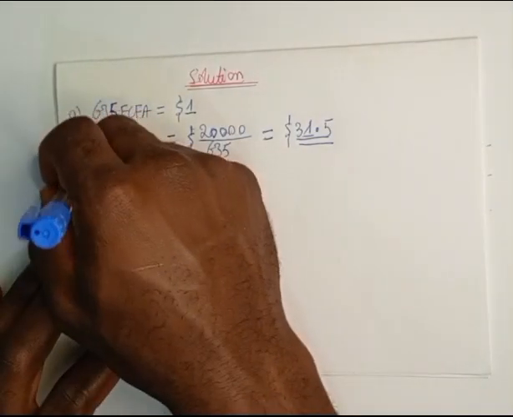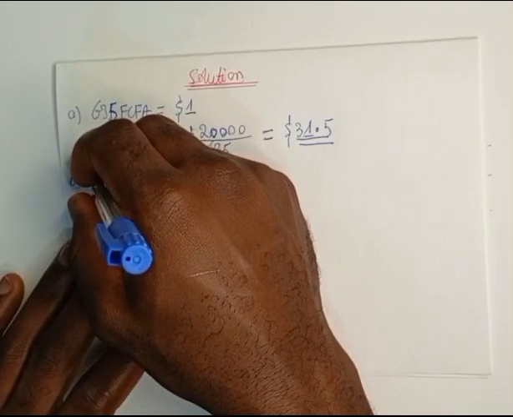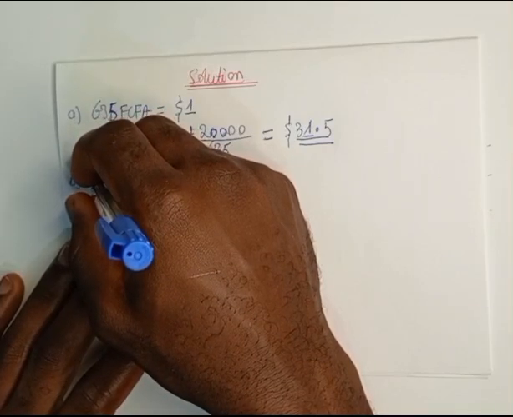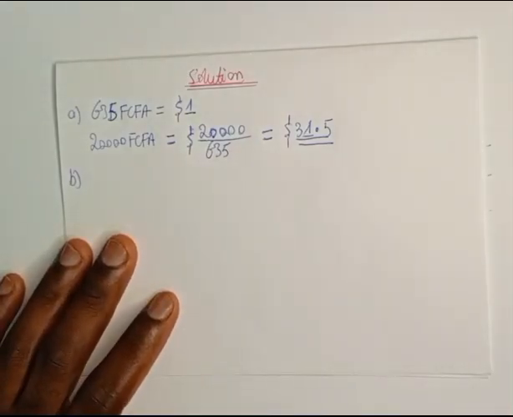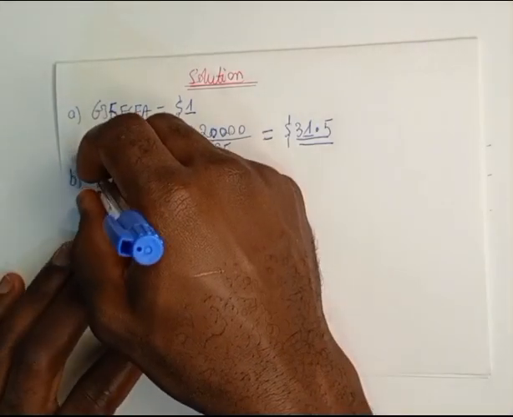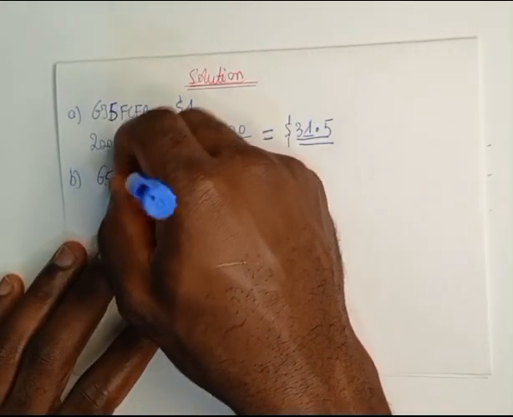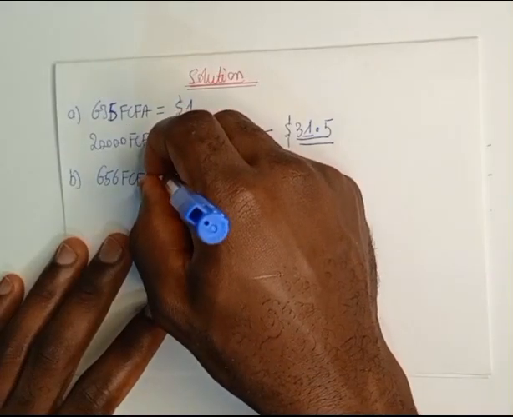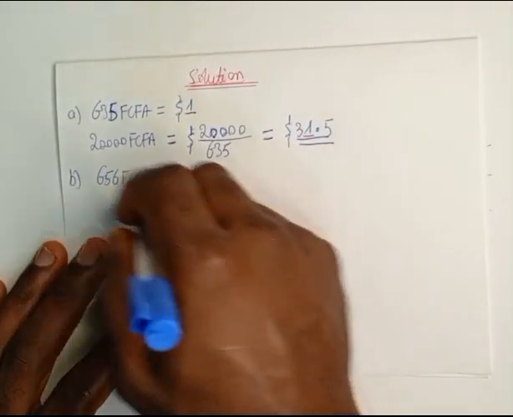We go to B. For B, we have to convert 300,000 francs CFA to euros. We compare francs CFA to euros. Francs CFA is a lower currency to euros. We know 656 francs CFA is approximately €1.